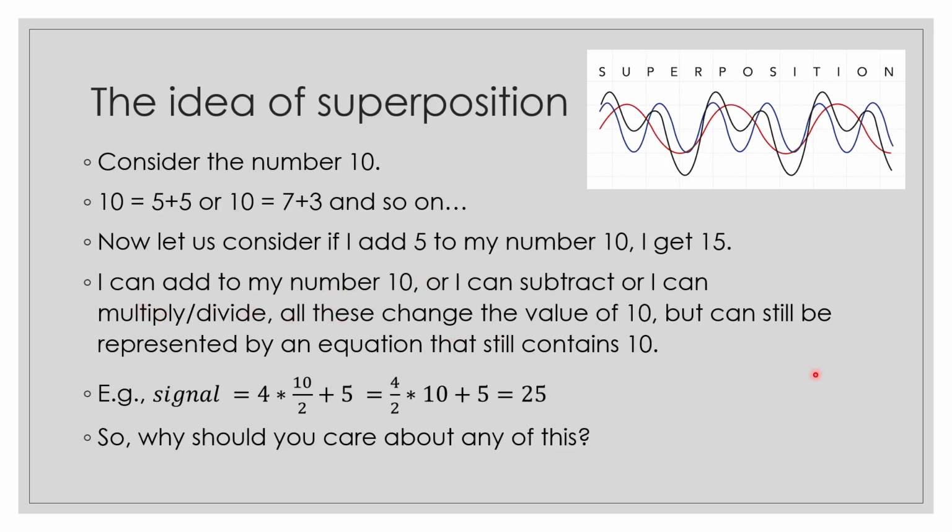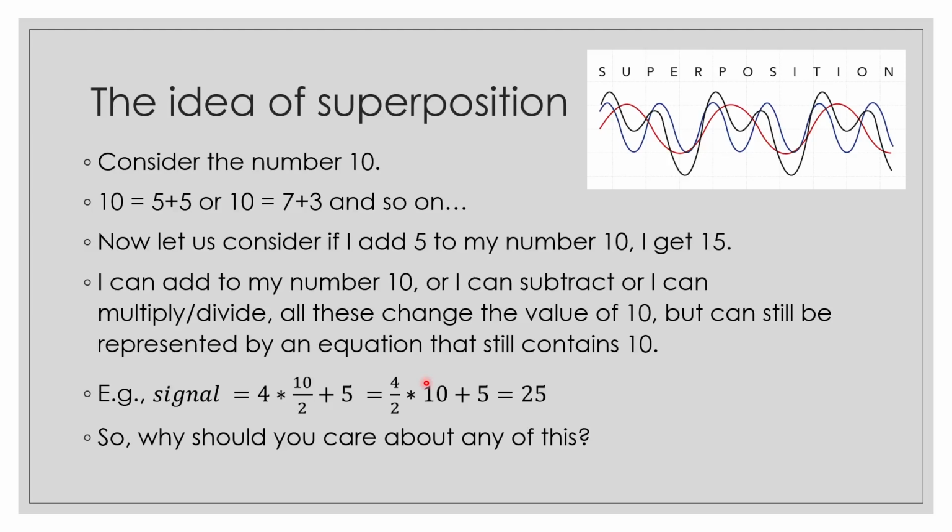All these change the value ultimately of 10, but it can still be represented by an equation that still contains my number 10 that's being modified. So as an example, if I have some signal equal to 4 times 10 divided by 2 plus 5, that's the same as just 4 halves times 10 plus 5, or 4 halves is 2, times 10 is 20, plus 5 is 25, but my 10 is still in there.